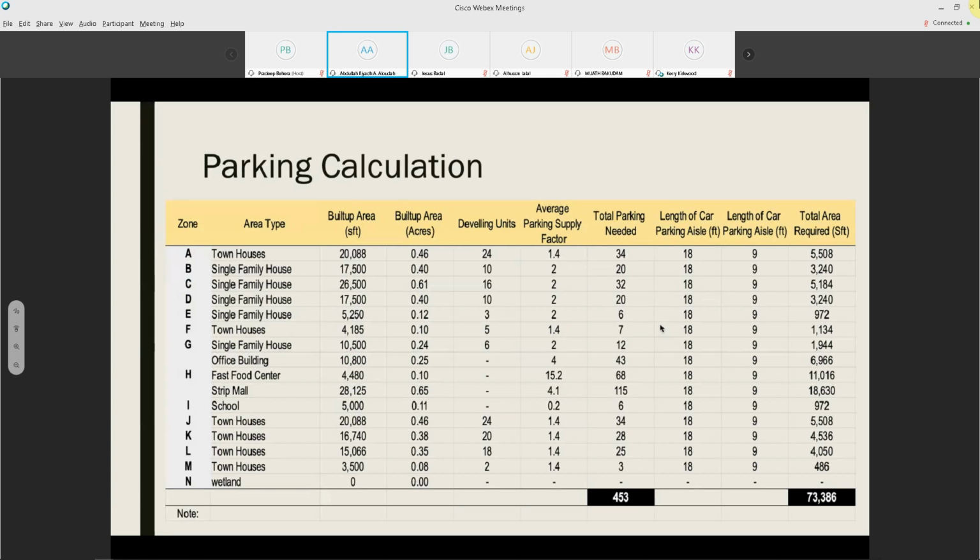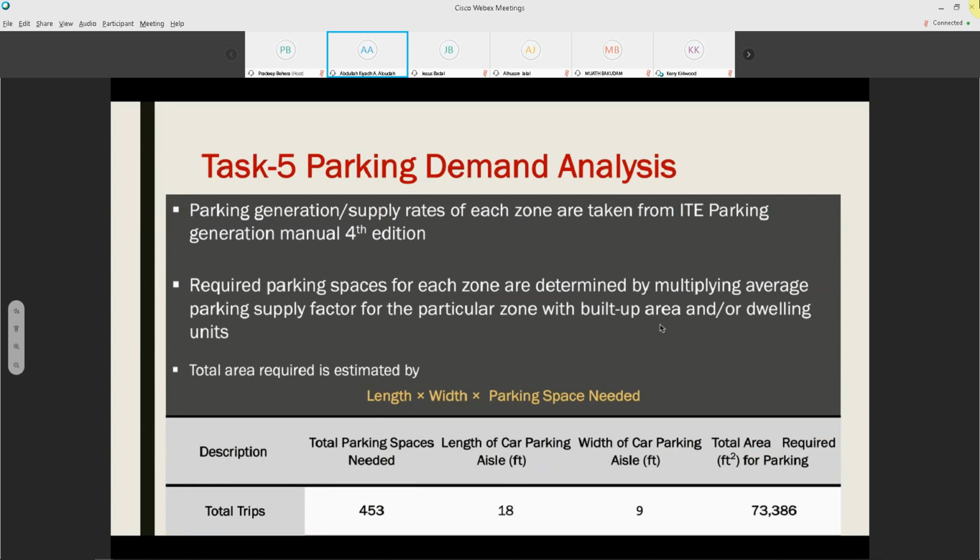And here, as you can see, parking calculation, which includes all the zones from A to N. And parking demand analysis. Parking generation supply rates of each zone are taken from the ITE Parking Generation Manual, 4th edition.